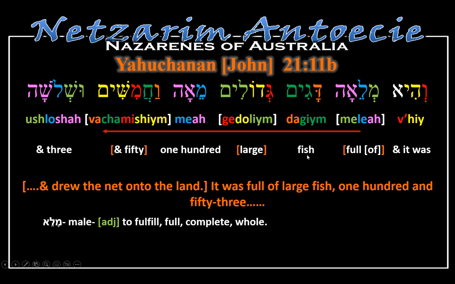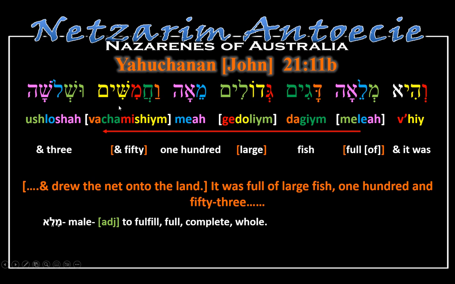Dagim. Dagim we know is fish, but it's the plural form, right? Gedolim. Now it's translated as large, because we know Gadol means great or big, right? So it's also in the same plural form as the fish. So then we can use it as large fish. Me'ah. Now me'ah means 100.